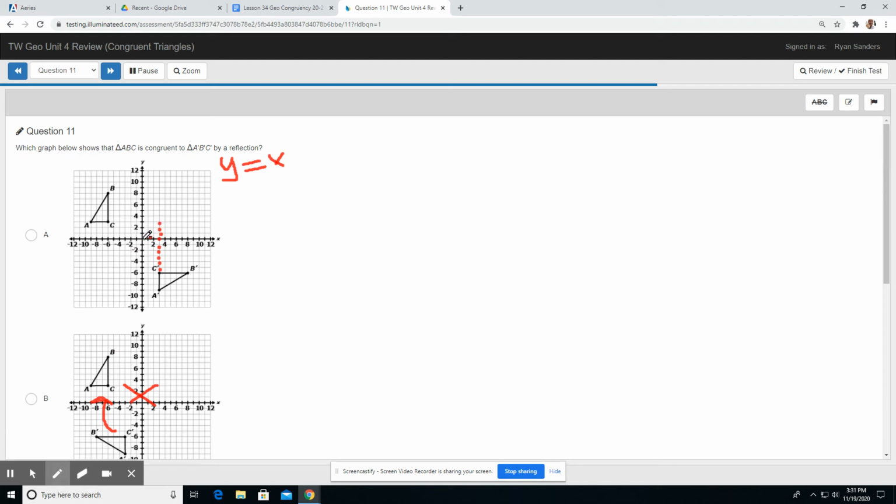So y equals x would have been that. Okay, that's a little bit better. So how many was it? 1 through 9, so it has to be 9 this way too. So it's a reflection over the y equals x line. That one's a little bit tough, so we'd have to do that old reflection trick.